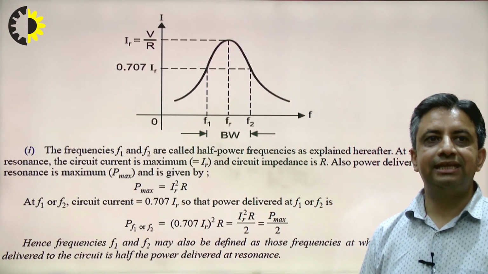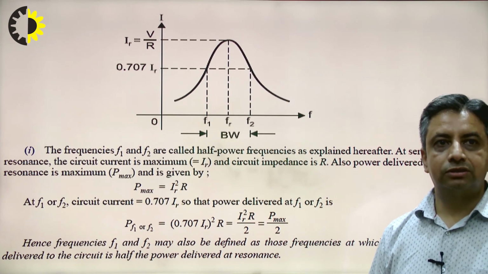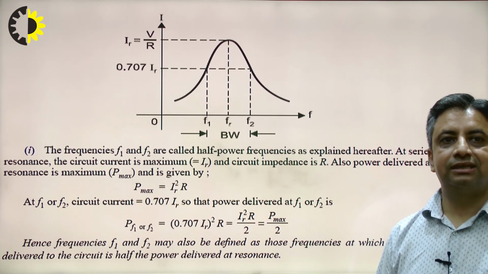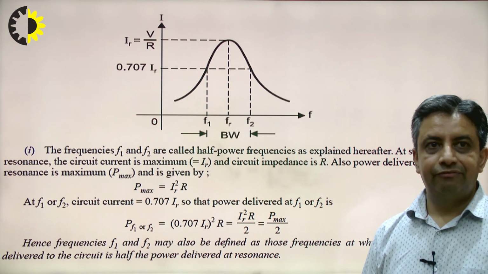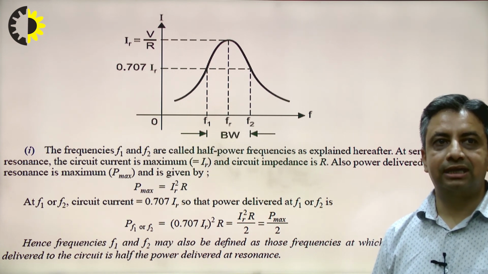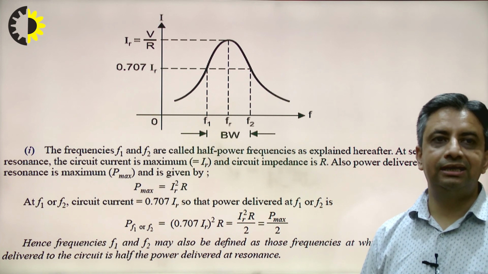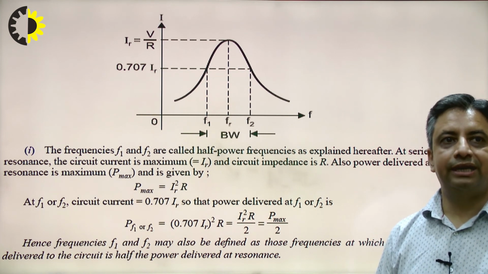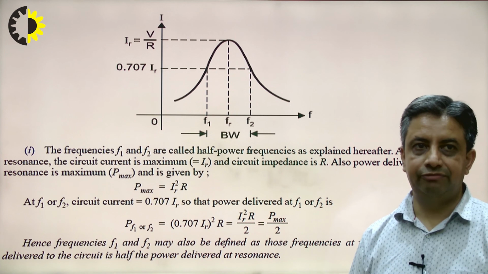You can see in this particular figure that fr is the resonant frequency. We know that at the time of resonance the current is maximum, so you can clearly see in this curve that the value of the current is maximum at the resonant frequency.